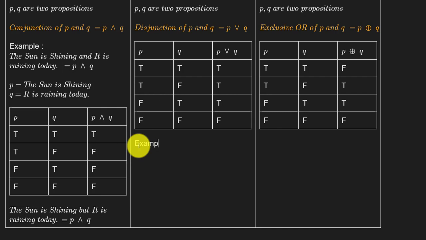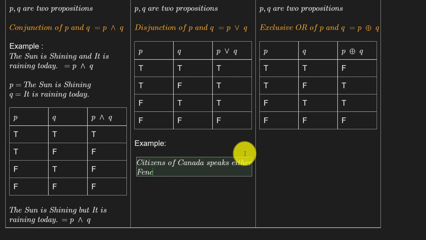Let's say I have a sentence like this one: citizens of Canada speak either French or English.